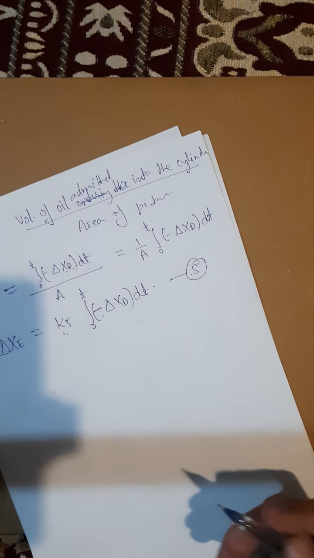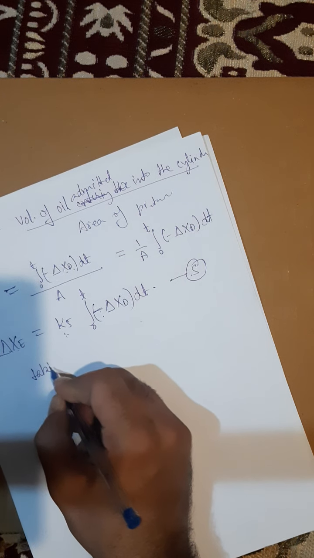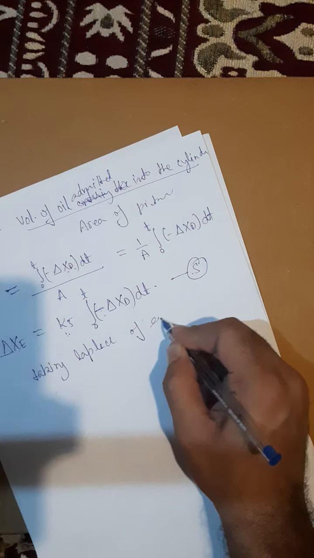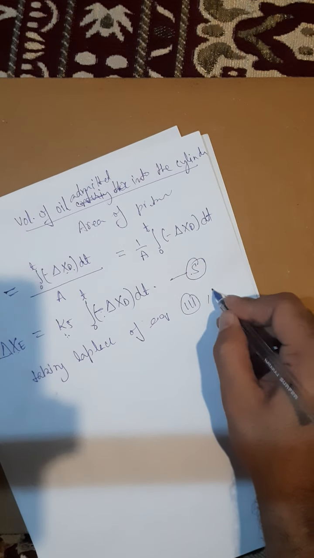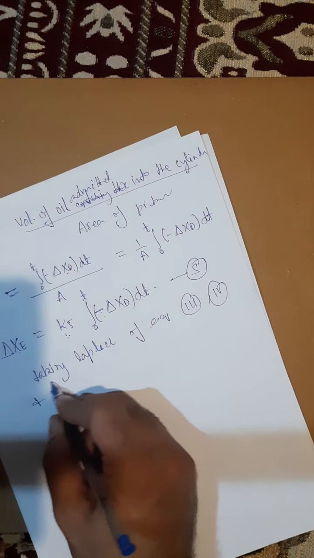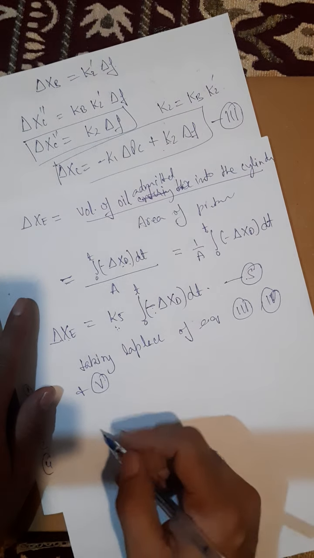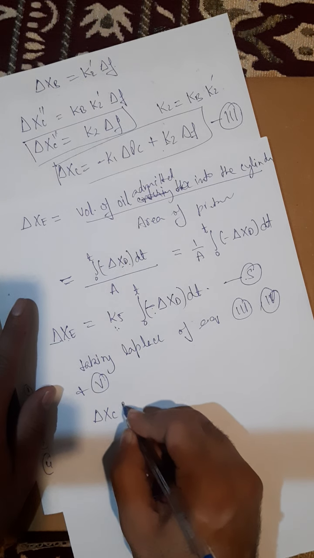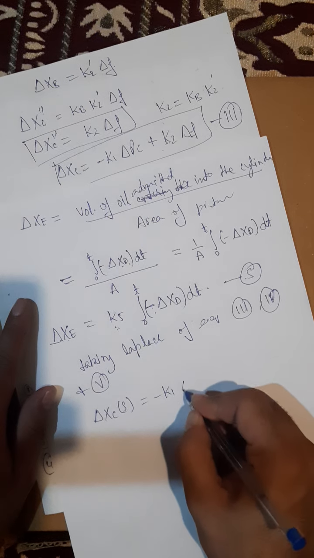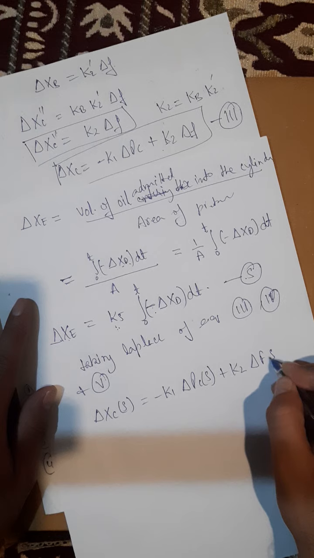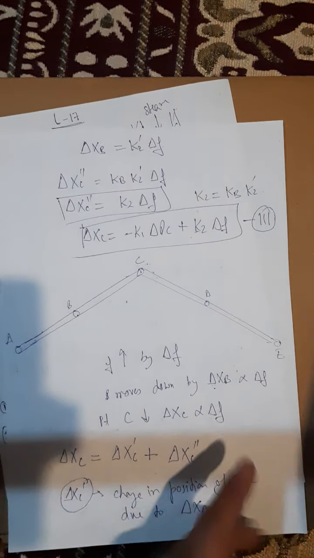Now take the Laplace of equations 3, 4 and 5. What will we get? What is equation number 3? This is equation number 3, delta PC. So can I write delta XCS is equal to minus K1 delta PCS plus K2 delta FS. What is equation number 4? Here I have drawn it.